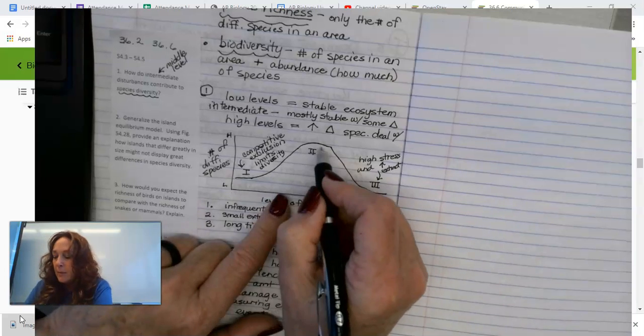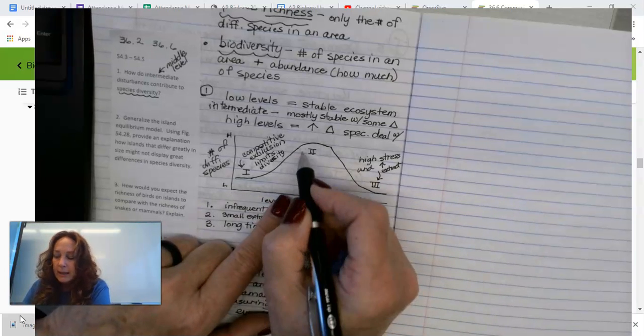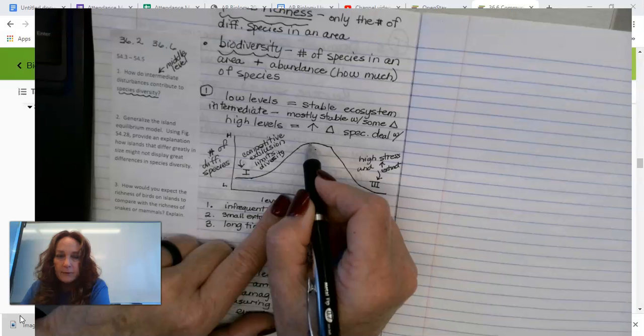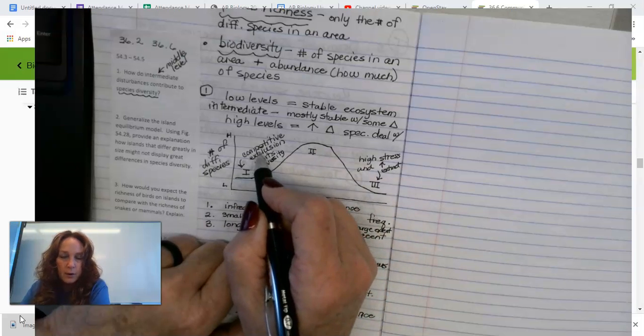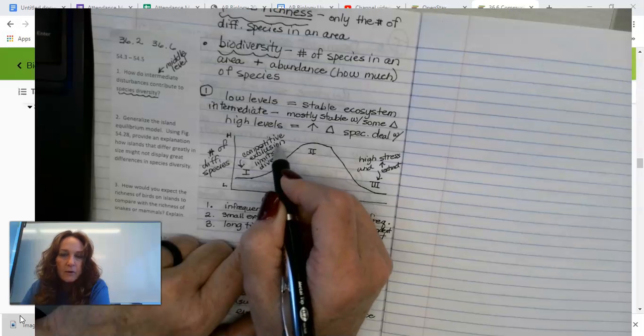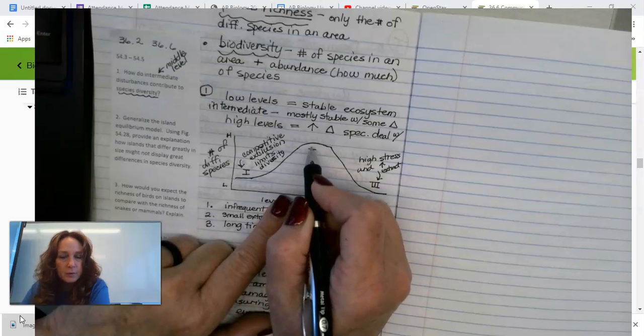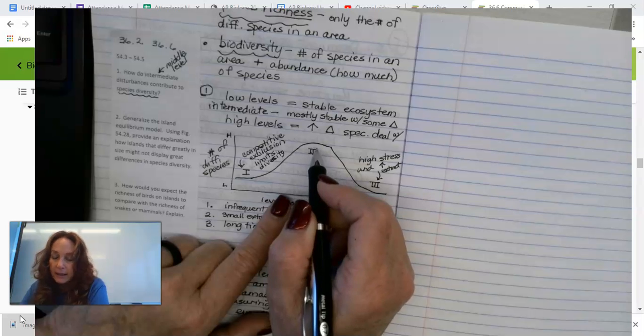So somewhere in the middle, it shakes up things enough that these organisms that dominate with their whole competitiveness are having to deal with the disturbance, and it makes them less competitive.